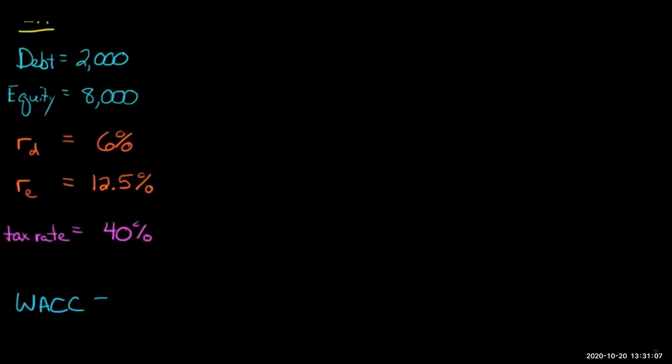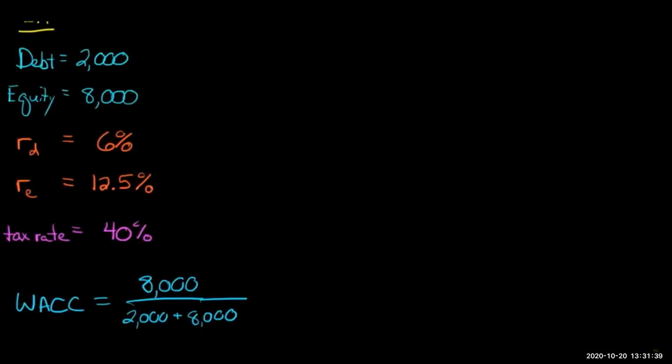So the WACC is going to be equal to, and let's do the equity side first. We've got $8,000 in equity. To calculate the proportion of equity, we say 8,000 over 2,000 of debt plus 8,000 of equity. Why are we doing this? Well, we've got $8,000 in equity up here, but the firm's total financing is both of these, 2,000 plus 8,000.